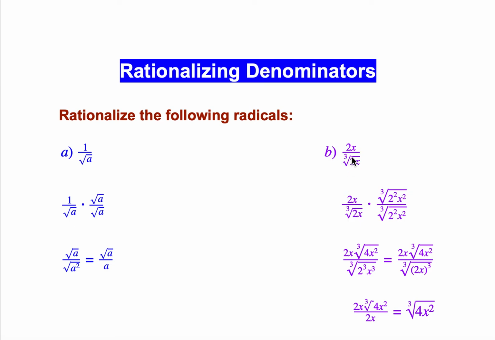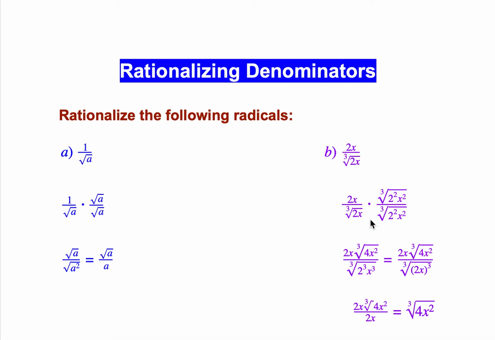And we have 2x. But because it's a cube root, I'm trying to find the value that, when I multiply numerator and denominator, makes the radicand get the power 3. Both values, the numerical value 2 and the variable x, are going to be to the power 3.